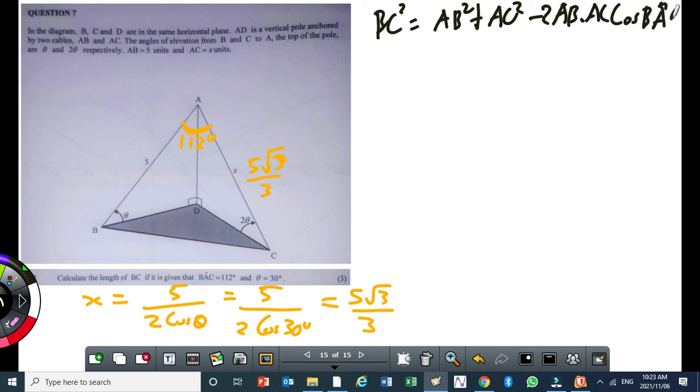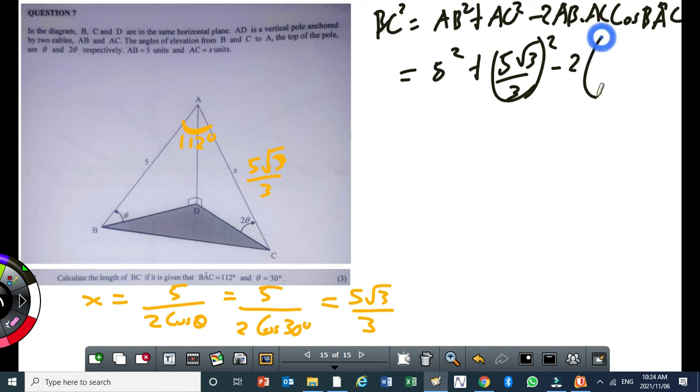BAC. Then you substitute. What is AB? It's 5 squared plus AC, 5 square root of 3 over 3 squared, minus 2 times 5 times 5 square root of 3 over 3 times cosine 112 degrees.